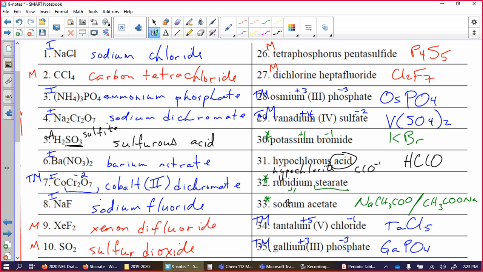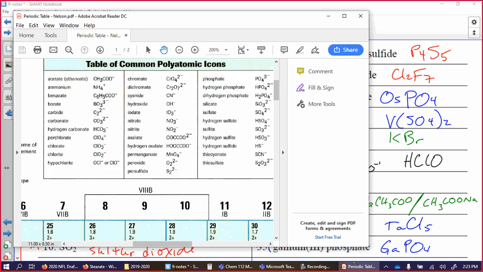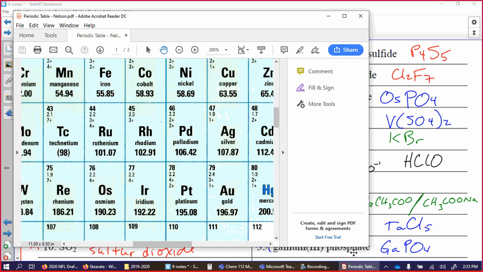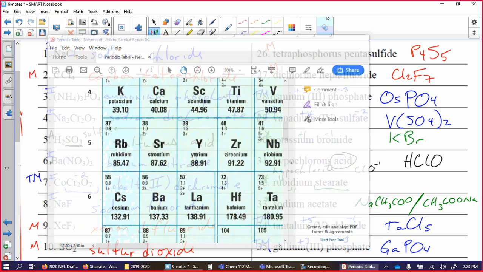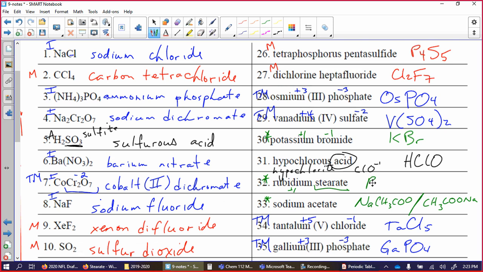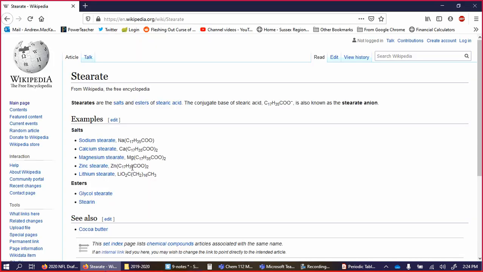Rubidium is plus 1, I think. I'm pretty sure. Now I'm doubting myself. Yeah. So this is RbC17H35COO. It's got that COO bit that's similar to acetate, but instead of having a CH3, we've got this giant pile of stuff.